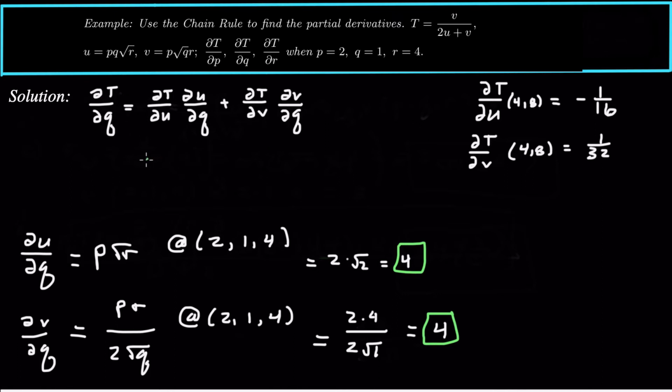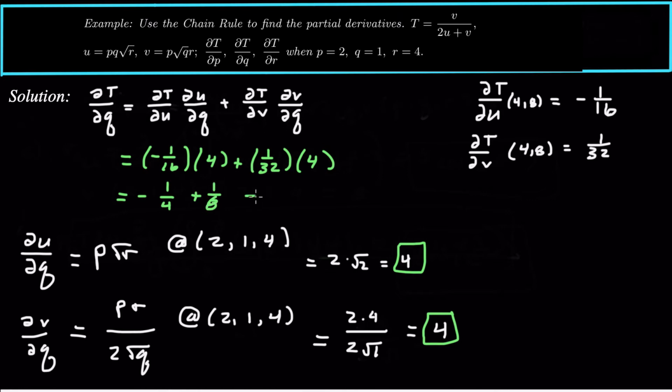All we have to do now is plug those in. So the same term, negative 1 over 16, but now it's times this number 4, plus 1 over 32 times 4. And that's equal to negative 1 over 4 plus 1 over 8, which is negative 1 over 8. So the partial derivative of t with respect to q evaluated at the point is negative 1 over 8.